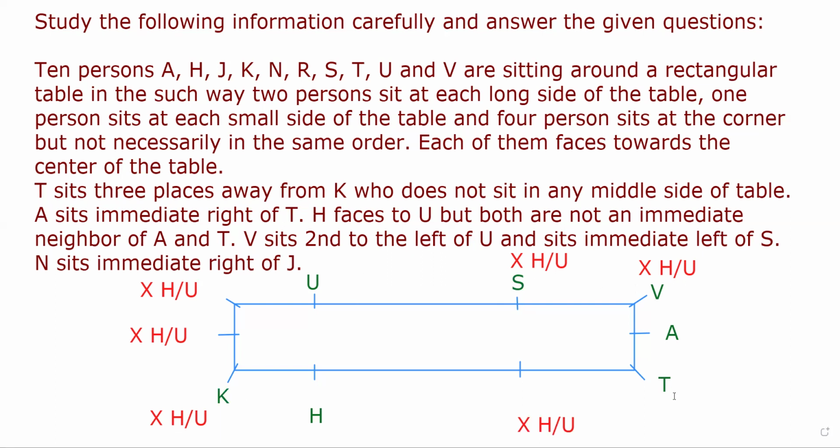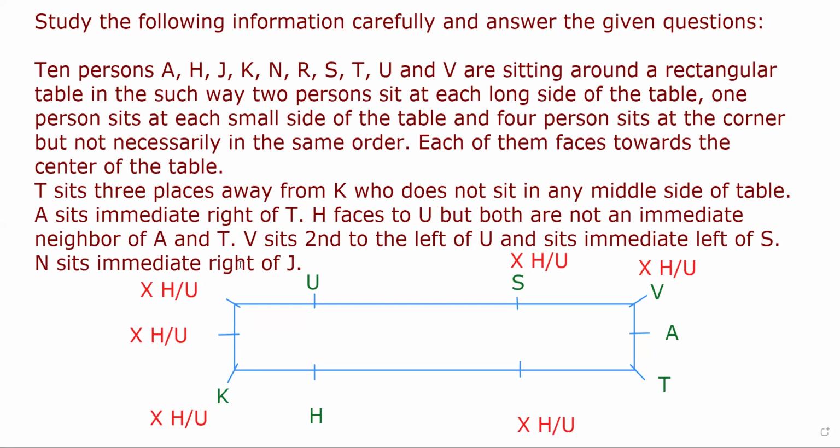Seven done. Now it's mentioned that N sits immediate right of J, and we haven't found any position for N and J before, but only 2 positions are left, which are immediately right to each other or left to each other.